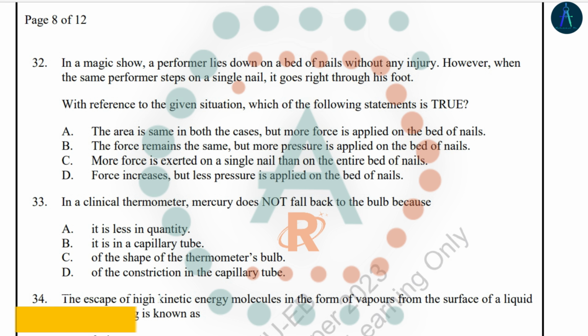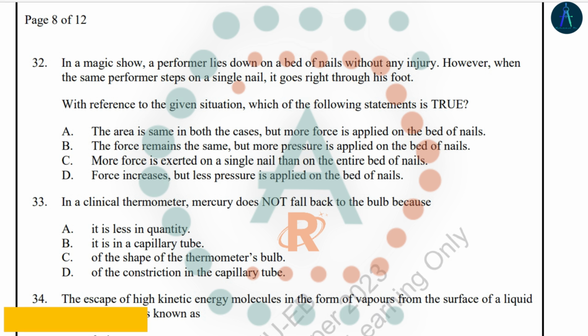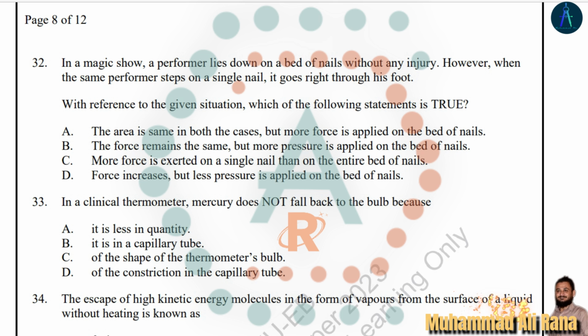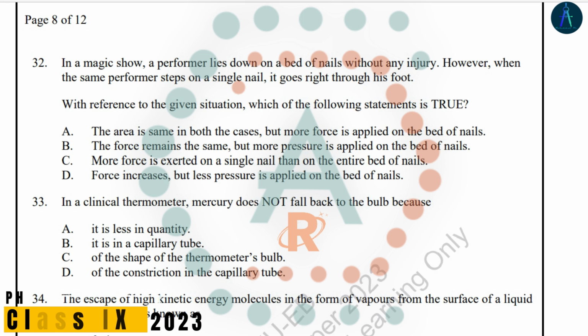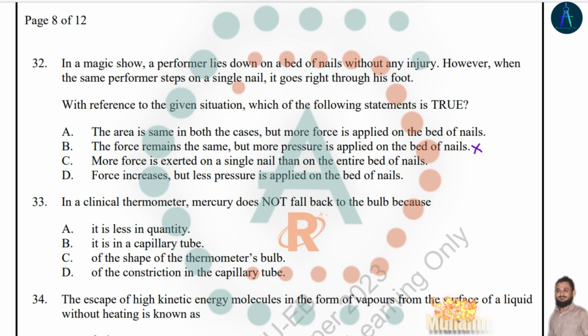If he stands on the same nail with a bare foot, that nail would go through his foot or injure his leg. The force remains the same, but more pressure is applied on a bed of nails. So this is incorrect. More force is exerted on a single nail than on the entire bed of nails.